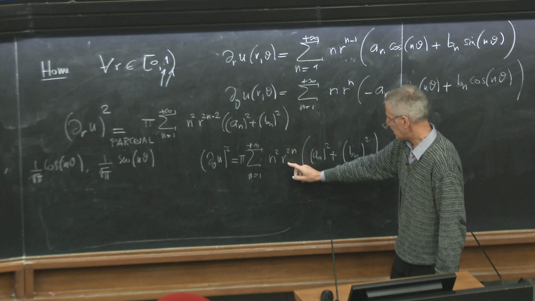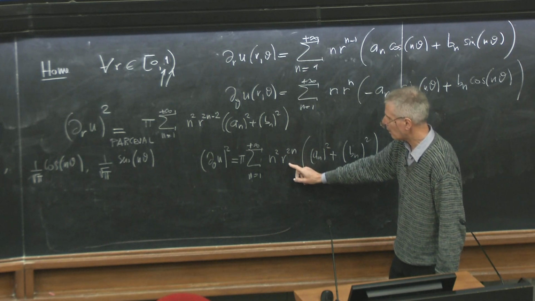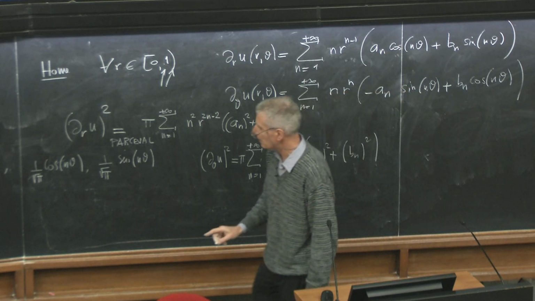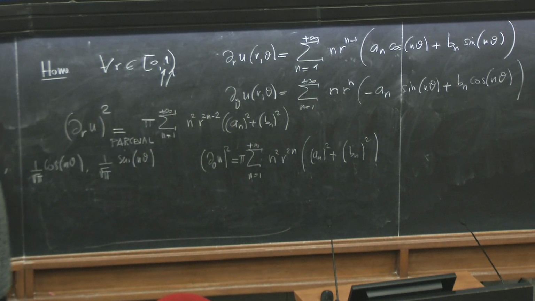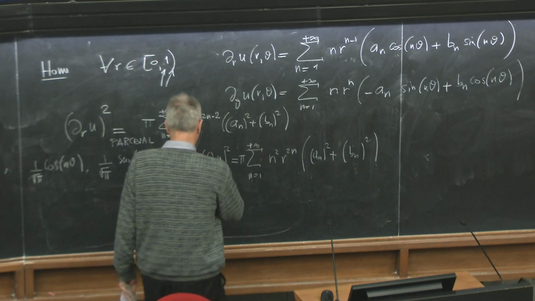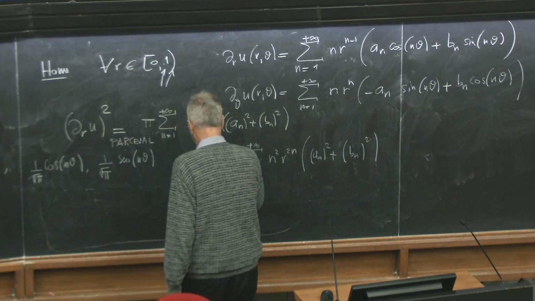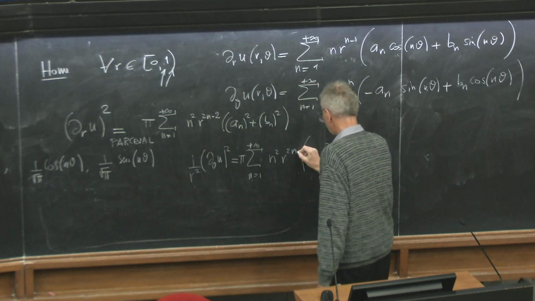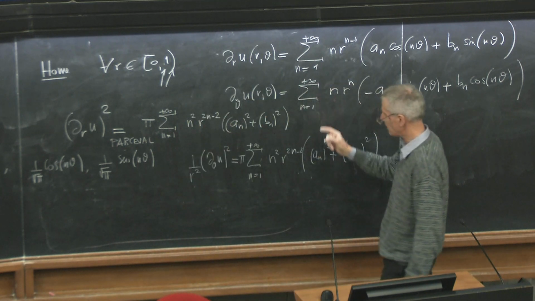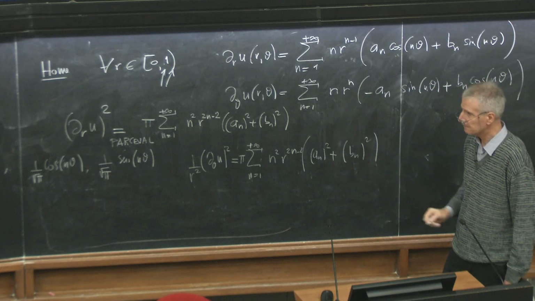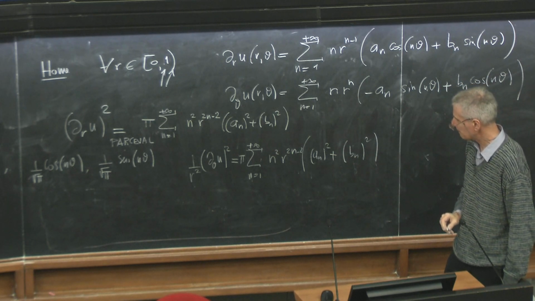Yeah, but now what the comment is that if I look at the gradient in polar coordinates, I have an r squared in the denominator, no? So if I divide this by r squared, this is exactly the same as this. Okay? They are equal.